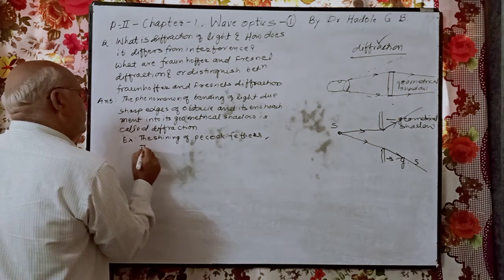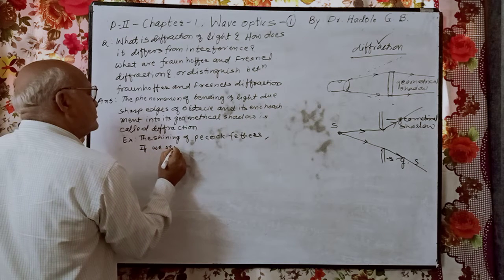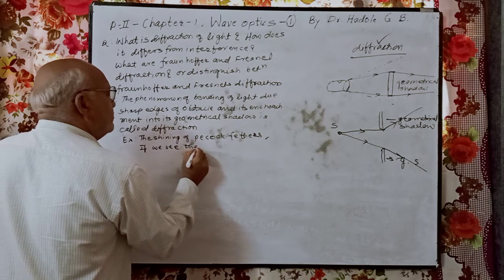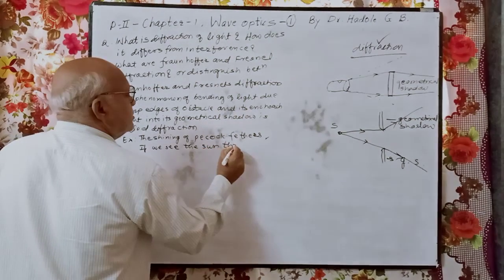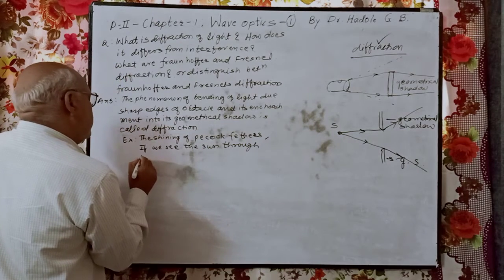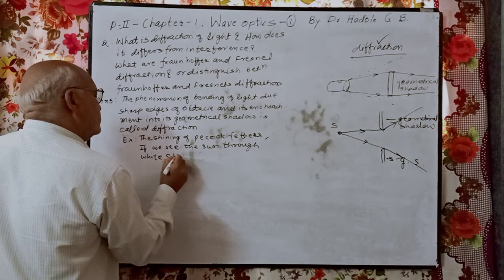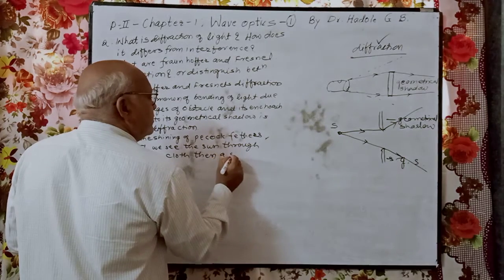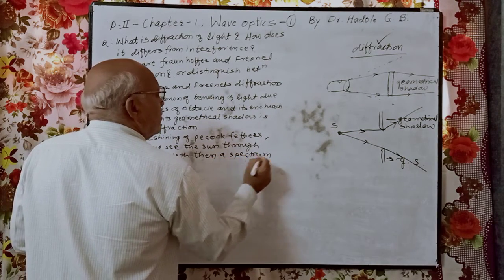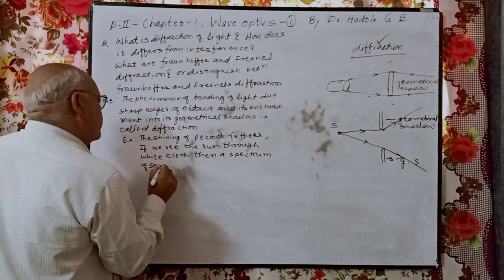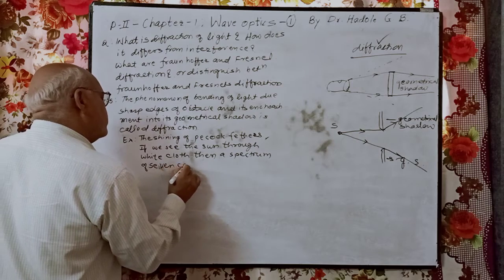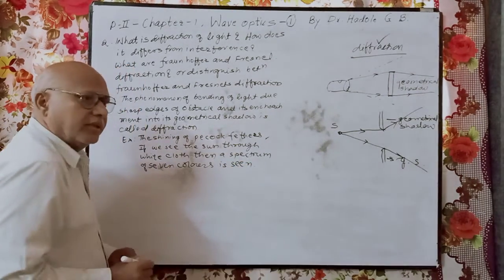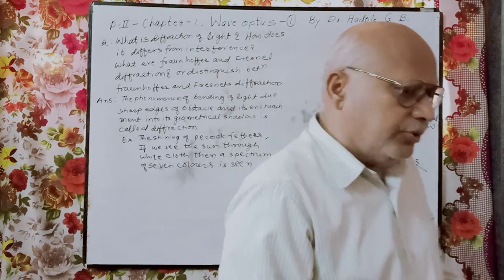If we see the sun through white cloth, then a spectrum of seven colors is seen. There are many examples. Many times we are using this diffraction phenomenon.